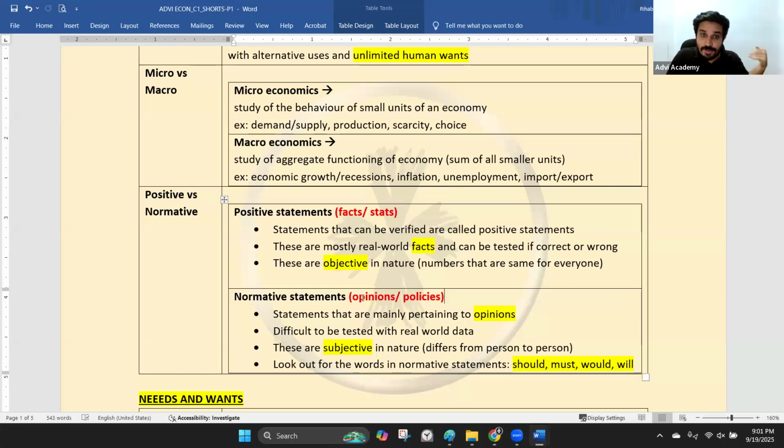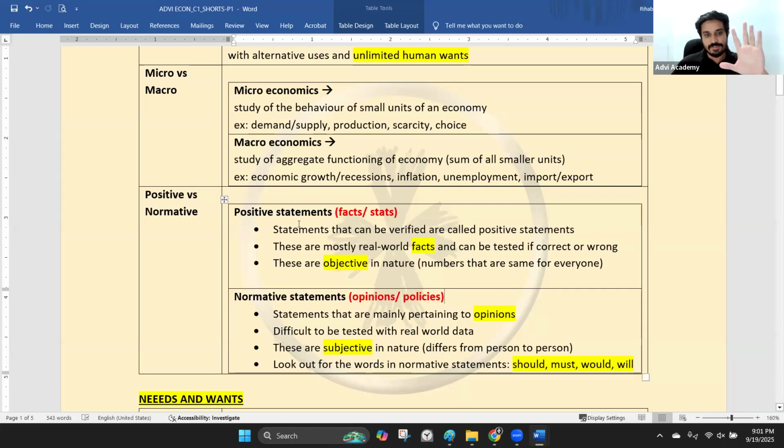When Anura was in the opposition parties, he was saying he should be arrested. That was an opinion. But the moment he came into power, he put that opinion into practice, and got him arrested. So Ranil Wickramasinghe was arrested now. That has now become a fact. So normative statements will become positive statements if they are done. That is the relationship between these two.